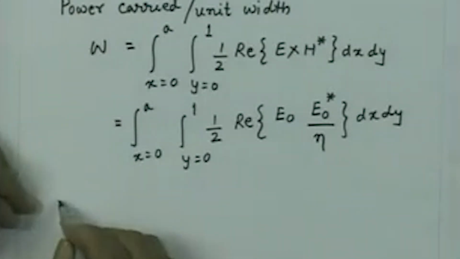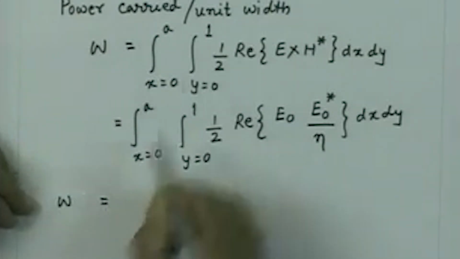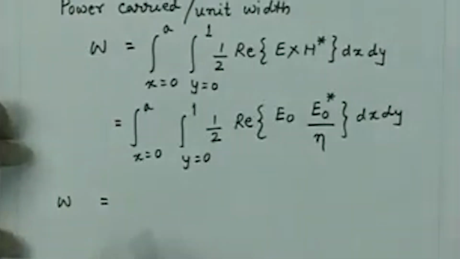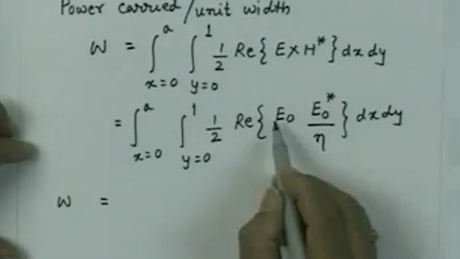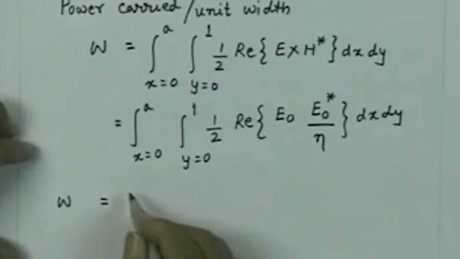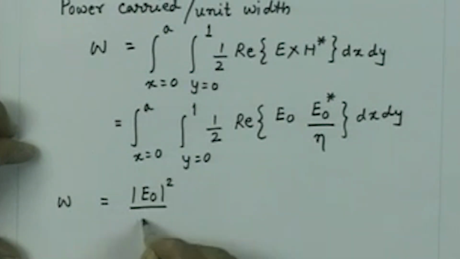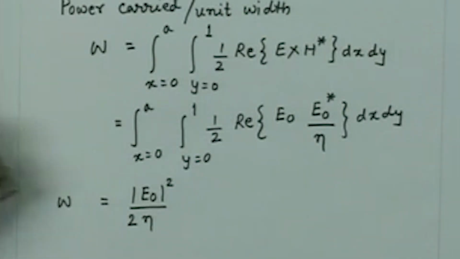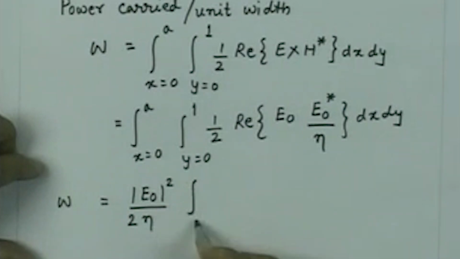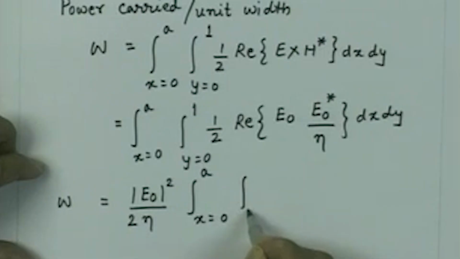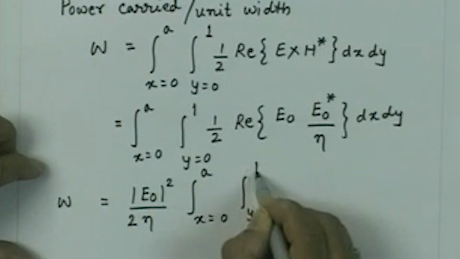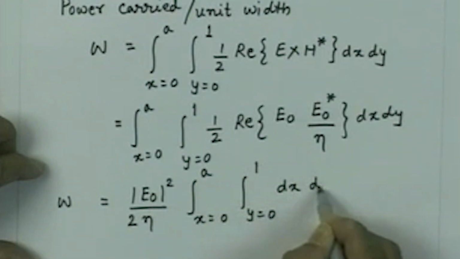So, the total power per unit width of the waveguide, that is, this quantity is constant. So, you get |E0|² upon 2η times the integral x = 0 to a, y = 0 to 1, dx dy.